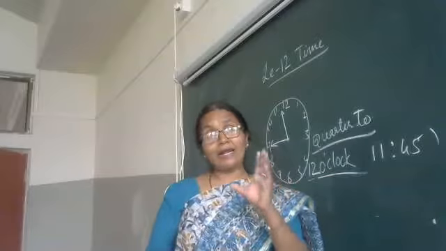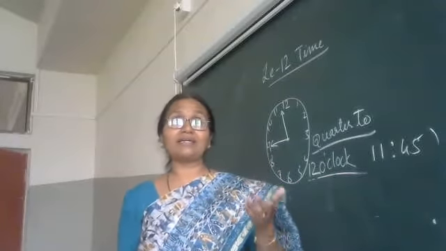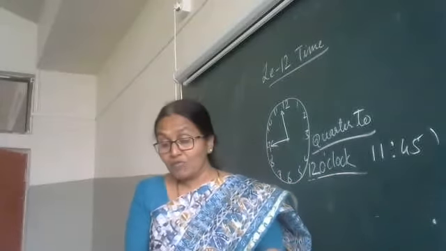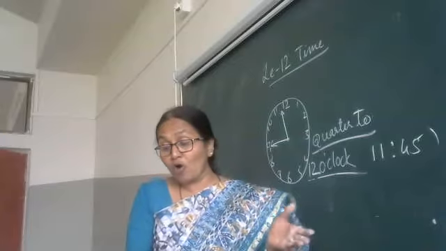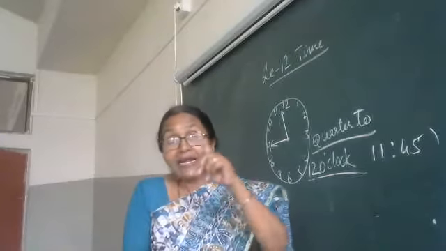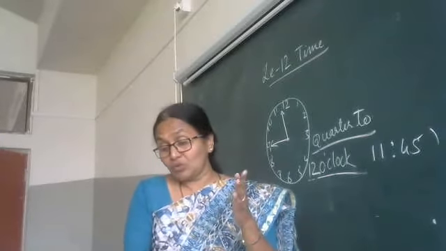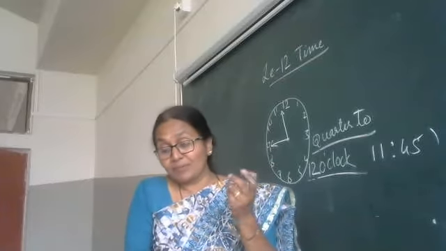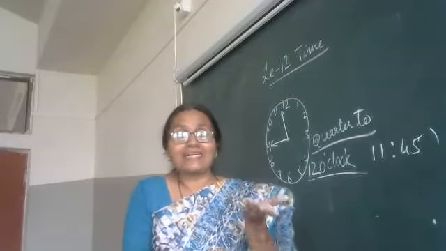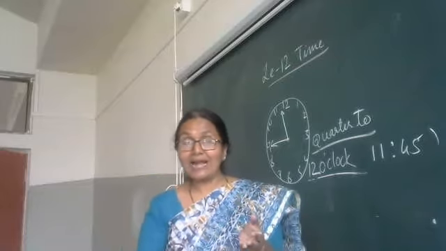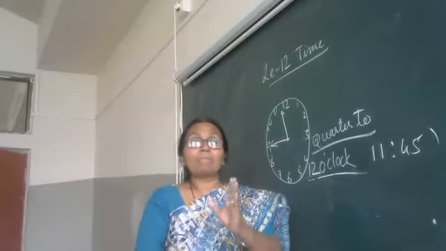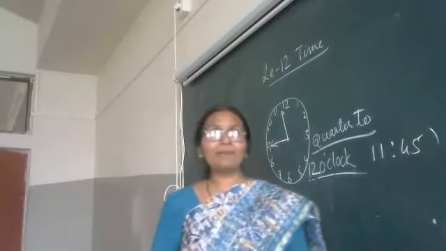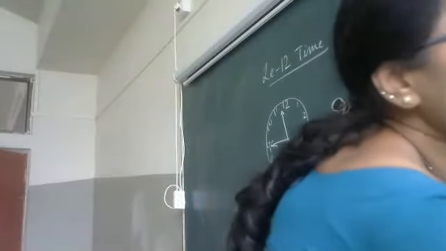So I would like to give a little hint why it is called AM. It is occurring before noon, as opposed to the afternoon. Ante is a Latin word meaning before. AM means before noon.